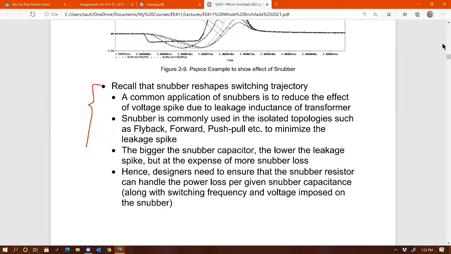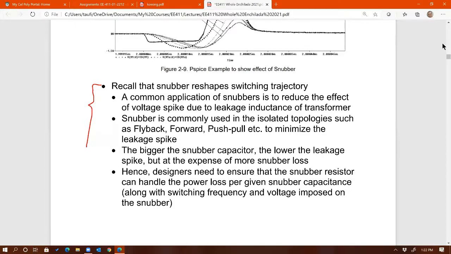So that's how we learn the theory or the concept, even the derivation of the equations for sizing the capacitor, sizing the resistor, and all of those. Those are based on specifically looking at the turn-off switching transition. However, in practical applications, the snubber is mainly used for reducing leakage spike, right?